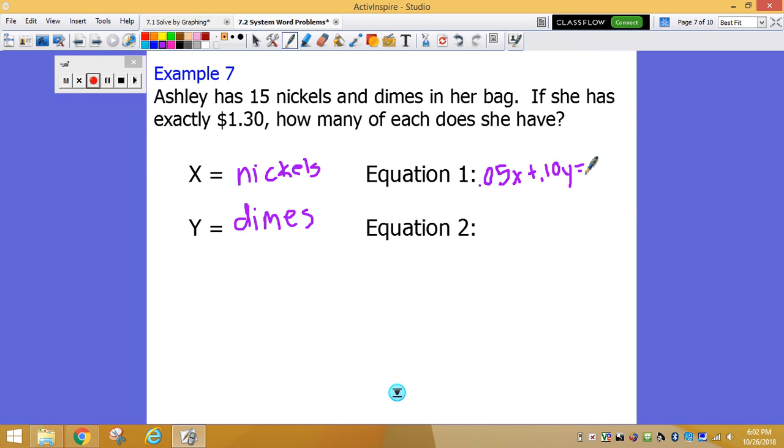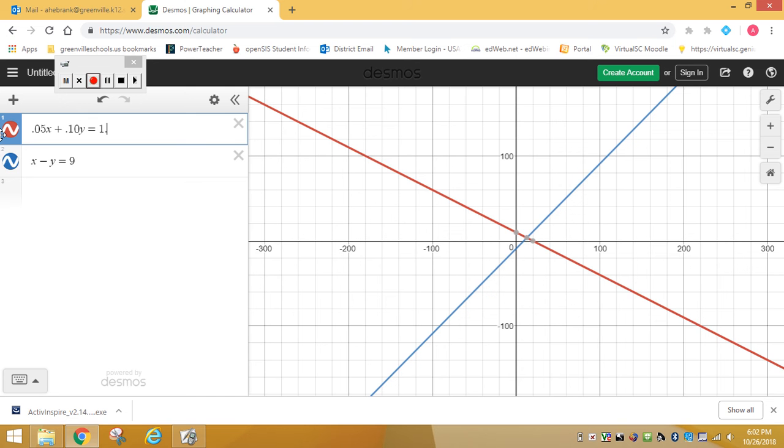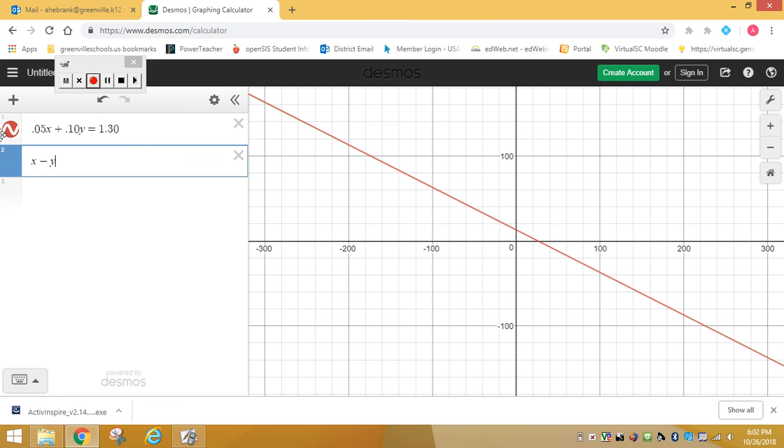Money plus money has to add up to money. So I'm going to put that $1.30 right here. Total, she has 15. So all of my nickels and all of my dimes have to add up to 15 coins. Okay, let's type that in Desmos. 0.05x plus 0.10y equals 1.30. x plus y equals 15.